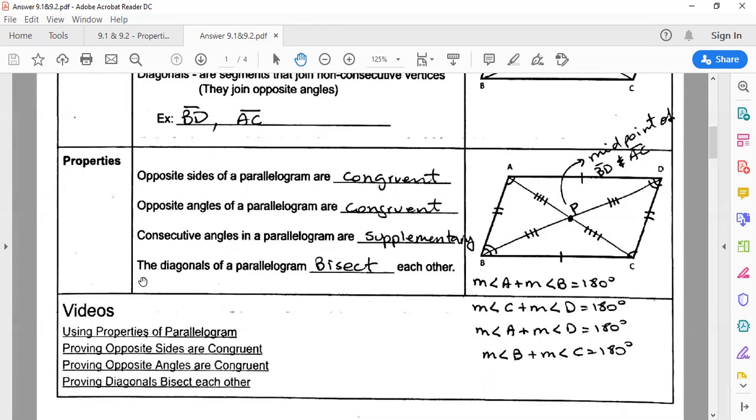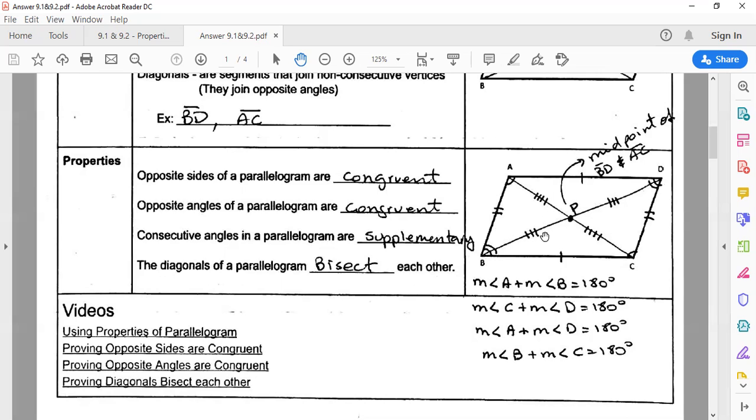The other property here is that the diagonals of a parallelogram bisect each other. Okay, so if you have the diagonal BD and diagonal AC, I know that point P is the midpoint of BD and the midpoint of AC, which creates two segments that are the same.